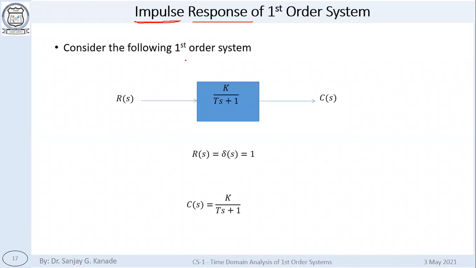Now, this is the standard equation of the first order system, K upon Ts plus 1. R(s) is the input, C(s) is the output as usual. What specifies this particular case is R(s) equal to delta of s equal to 1, because we are saying the input is an impulse signal. So can anyone tell me, what is the Laplace transform of an impulse signal?